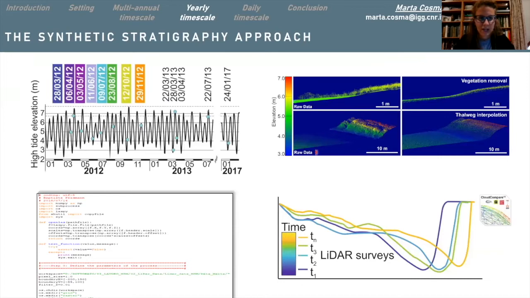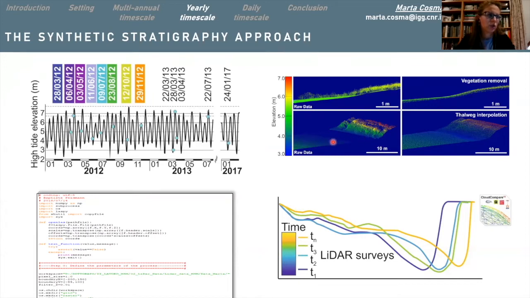LiDAR data were processed in CloudCompare, an open source software for the processing and editing of point clouds. There was a pre-processing of the LiDAR surveys to remove vegetation and to reconstruct the channel talweg, where water occurred at low tides.